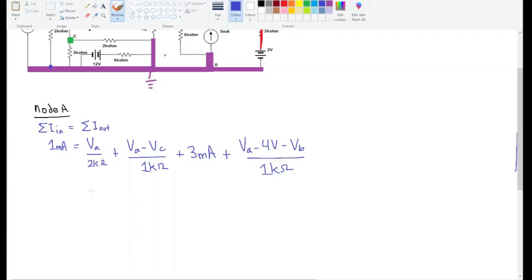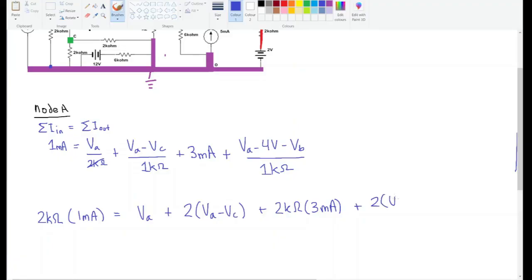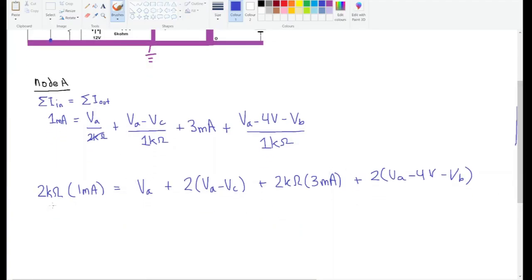So if I multiply by 2 kilo ohms, we're going to have 2 kilo ohms multiplied by 1 milliamp is equal to VA, because the 2 kilo ohms cancel out, then 2 times VA minus VC, plus 2 kilo ohms multiplied by 3 milliamps, plus 2 times VA minus 4 volts minus VB. Doesn't look simple yet, but we'll get there. So 2 kilo ohms times 1 milliamp, that's just 2 volts.